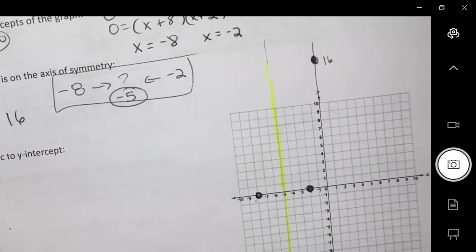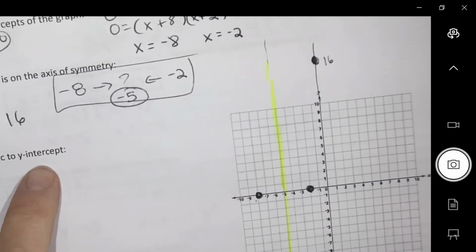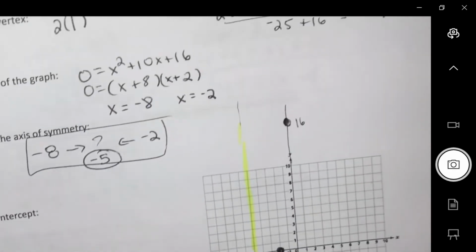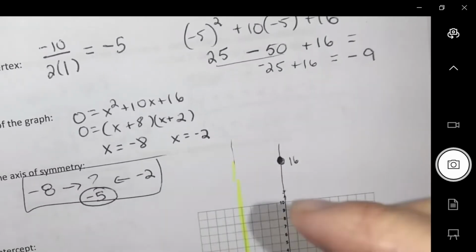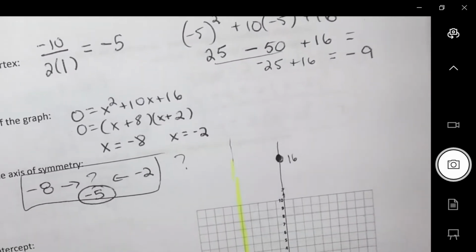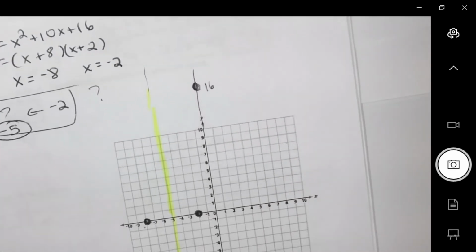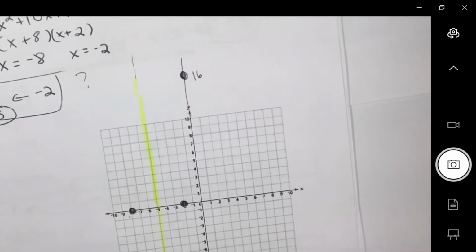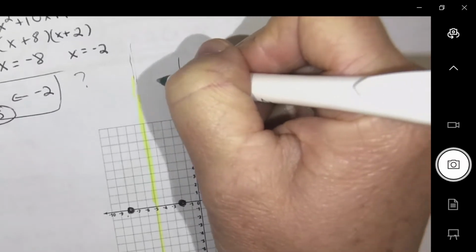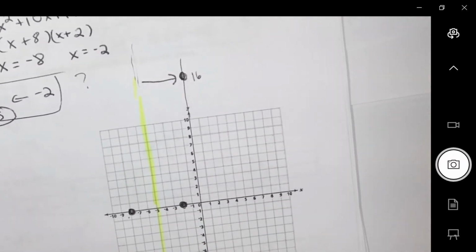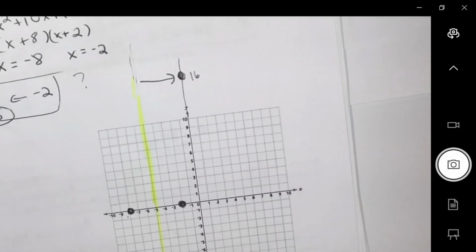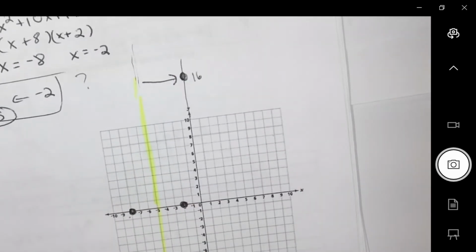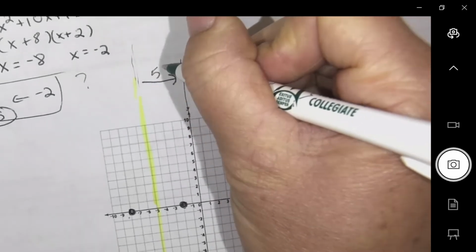Okay, find me a point symmetric to the y-intercept. So here's my y-intercept. So where's its partner? Where's its partner going to be? What's the coordinate over there? So here's a thought. How much distance is there from the axis to that point? 5.